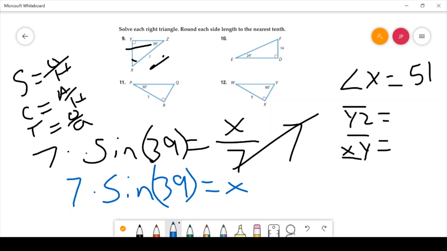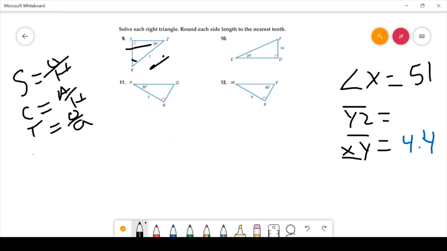Alright, so we've got XY, we still need YZ. Well, that's adjacent to 39, so I can use either cosine or tangent, and I'm just going to use the hypotenuse because that one was given to us. It's always good to use the given numbers when you can. So that means I'm going to be using cosine.